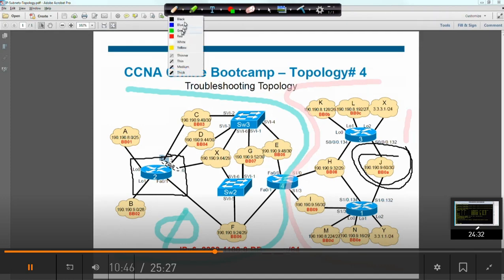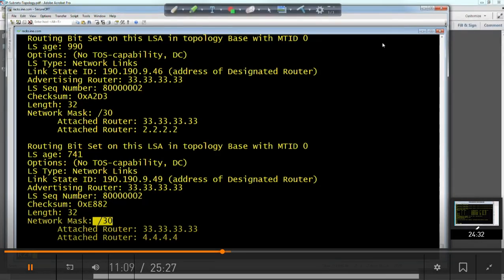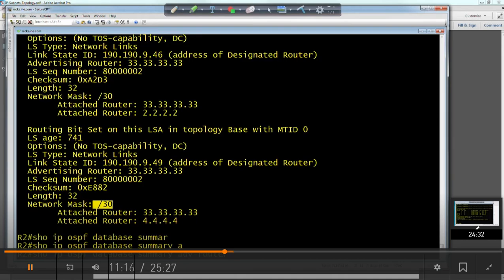So our area border router right here, Router 4, is going to advertise network J into area 0 as a type 3 summary. So let's view that. Show IP OSPF database summary from the guy who advertised it, Router 4.